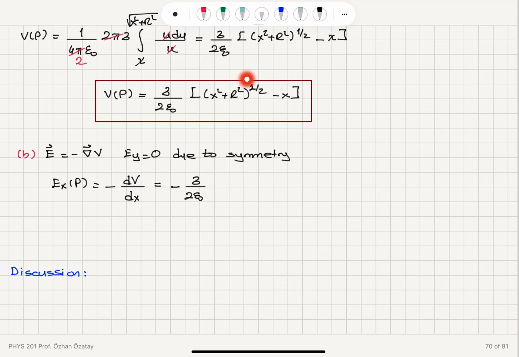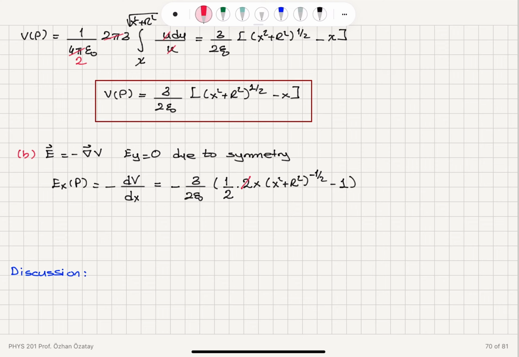From the derivative of this term, I will obtain a factor of 1/2. Then from the derivative of inside, I have a factor of 2x, since x squared plus R squared differentiated with respect to x gives me 2x. Then I have x squared plus capital R squared to the power 1/2 minus 1, that's minus 1/2. The derivative of the second term, x, with respect to x is just 1. So this is minus 1.